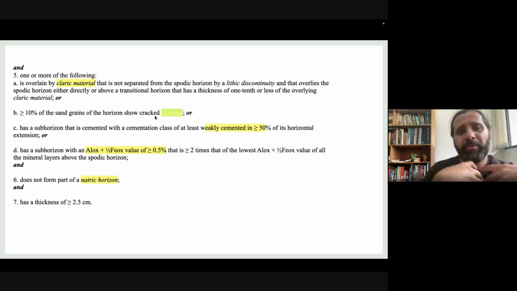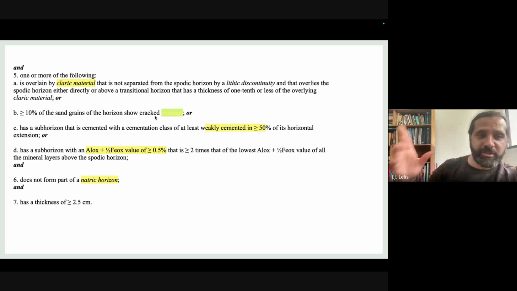This is much easier and more common to see in thin sections, not at the macroscopic morphology. Okay, but yes, you can see them in some rare and special cases. Or it should register a subhorizon that's cemented, with a cementation class of at least weakly cemented, so at least a weak cementation in 50% of this horizontal extension.